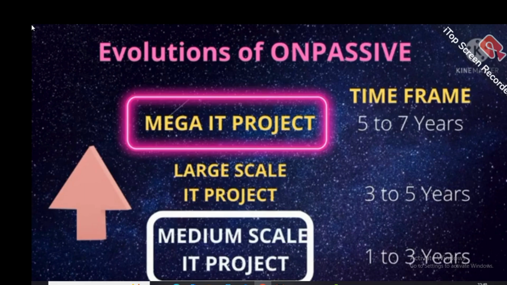If you see the time frame, a medium scale IT project takes about 1 to 3 years, a large scale project 3 to 5 years, and mega IT projects 5 to 7 years. My dear friend, that is excellent progress for ONPASSIVE. In the span of 3 years, that's excellent progress, and it is at a very, very advanced stage.